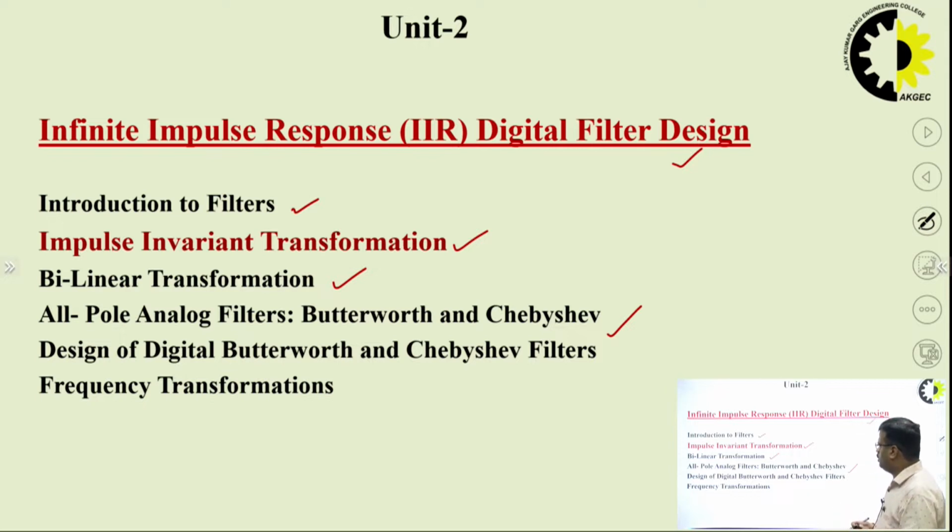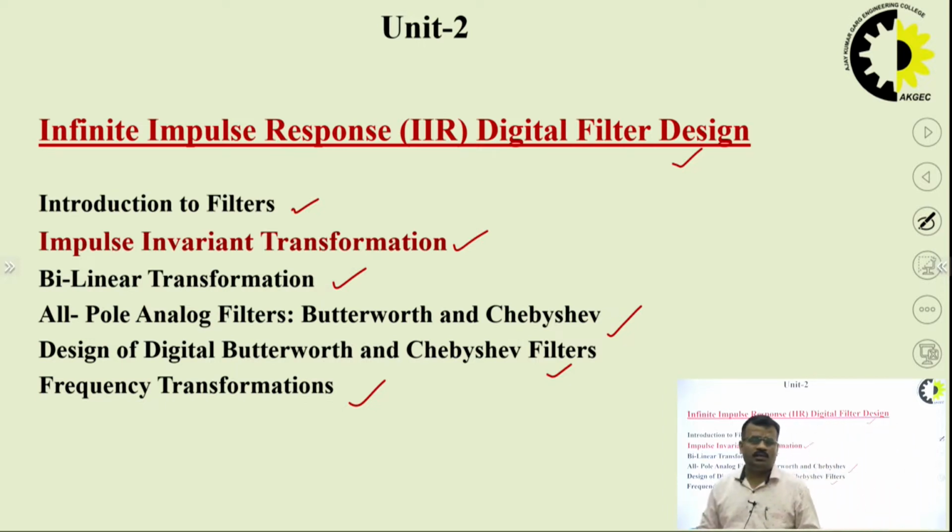Then designing of digital Butterworth and Chebyshev filters, then frequency transformations and the limitations of the given methods. You will study all this in unit number 2 of the digital signal processing subject.